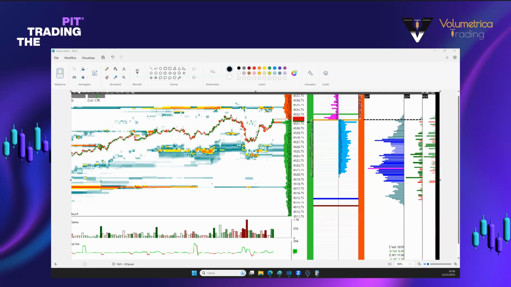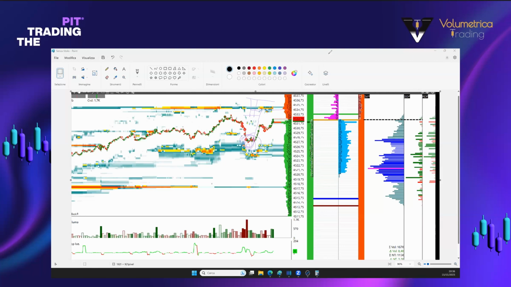If price reacts from here, where is it likely to get? To the next liquidity pool, especially if that liquidity pool comes with all of the attraction characteristics.